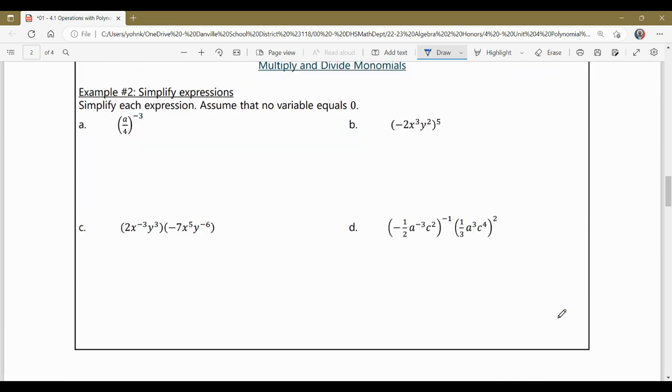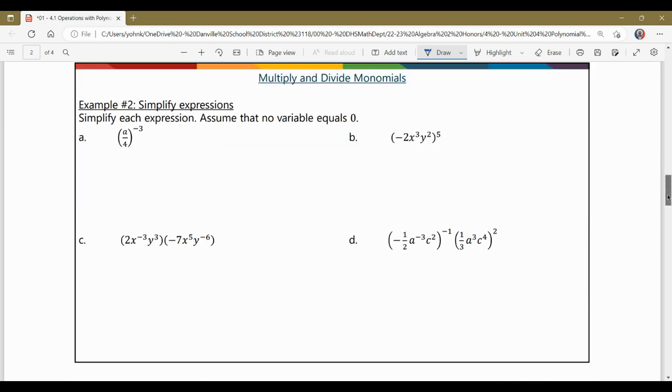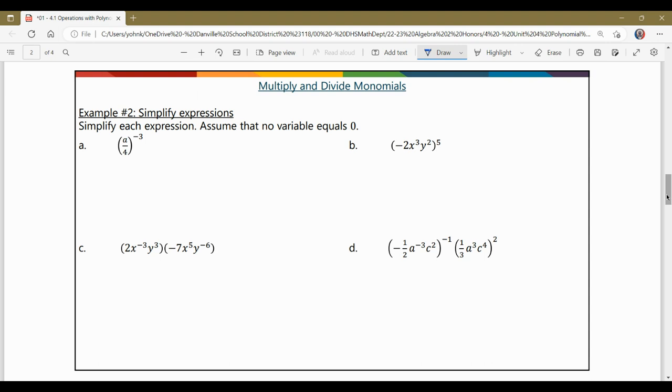Okay, let's take a look at some more examples. Simplify each expression, assume that no variable equals 0. So letter A, I have a power of a quotient. So I'm going to share the exponent, a to the -3 divided by 4 to the -3. Now, negative exponents are never allowed. So I'm going to move a to the -3 to the denominator and make it positive.